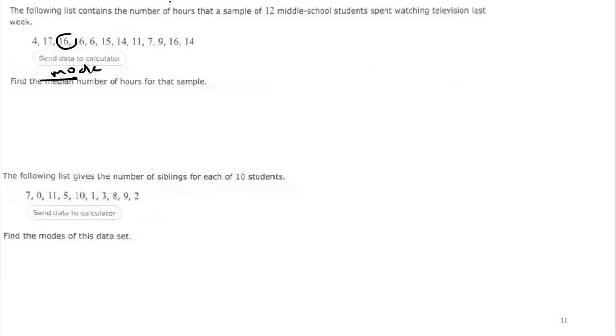16, right? Because 1, 2, 3. So that number occurs the most. So 16 would be the mode. I know it's not asking for the mode for the top, it's asking for the median, but I'm just focusing on the word mode right now. What about the bottom here? What would be the mode for the bottom?